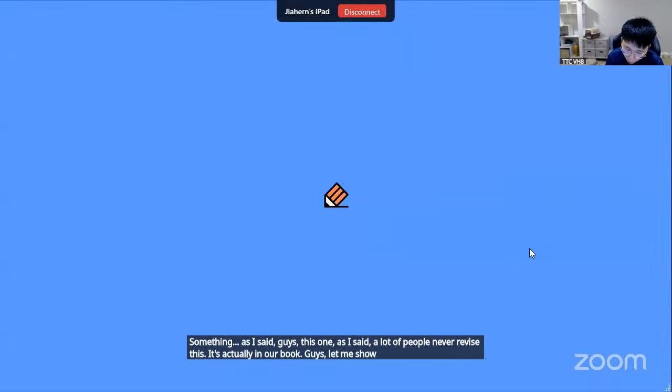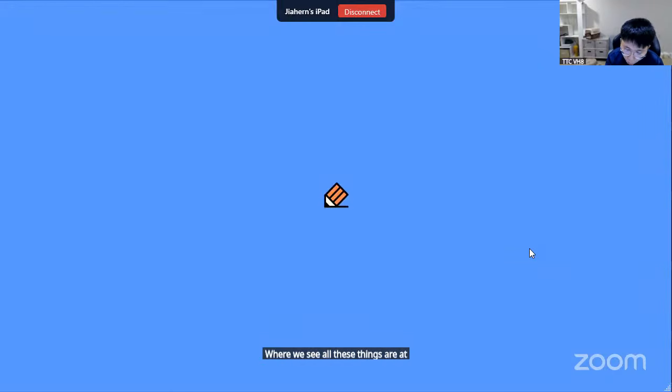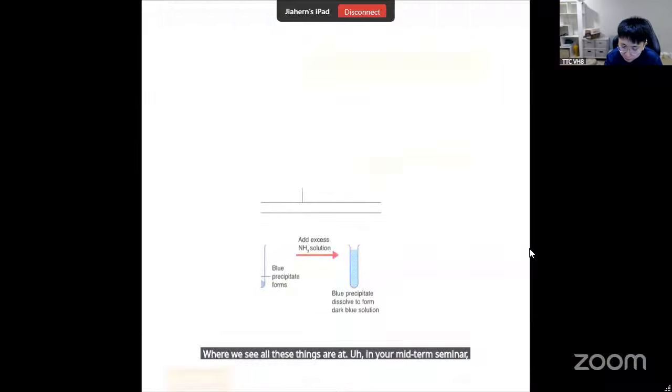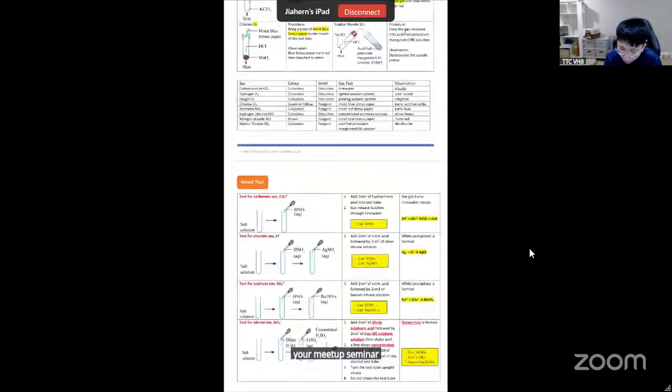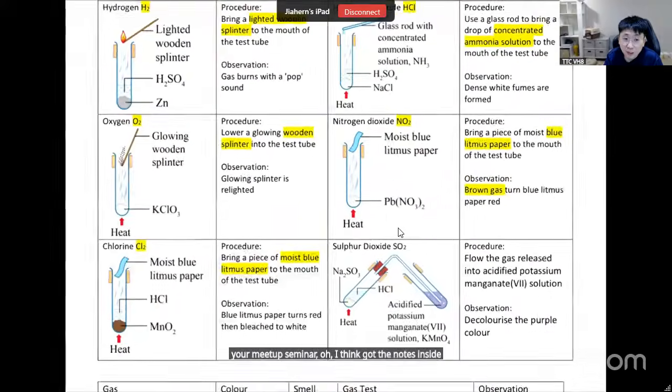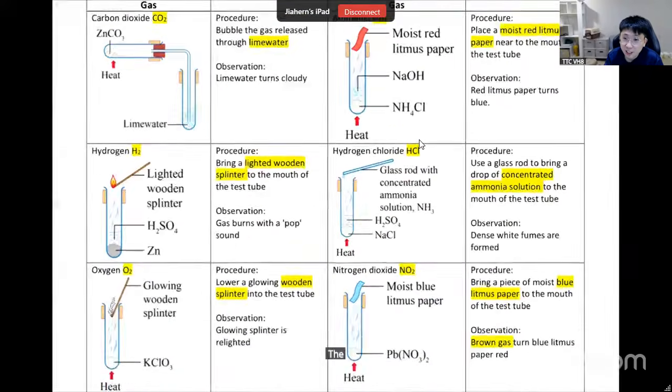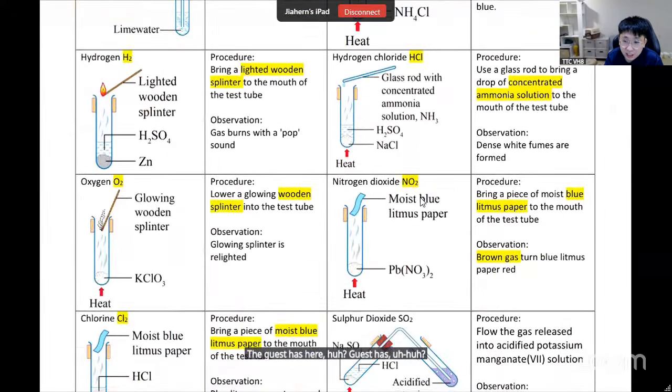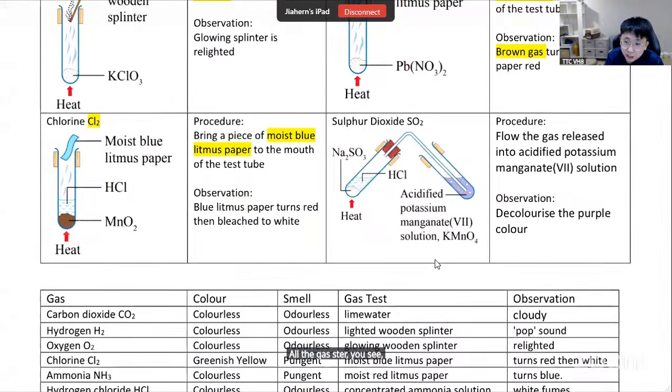Guys, let me show you, just in case you forgot where we see all these things. In your midterm seminar, if not mistaken, I think the notes are inside. Remember the gas tests? All the gas tests are here, and you see, sulfur dioxide is literally written here. Na2SO3 with hydrochloric acid.